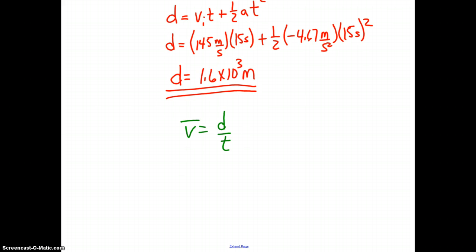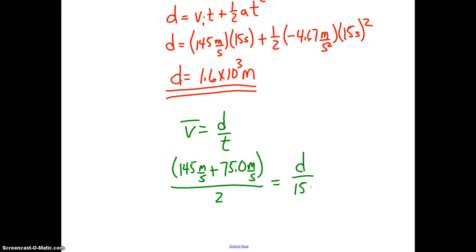What that means is that we take the average of 145 and 75, adding them together and dividing by 2. That would be the distance divided by the 15 seconds. Go ahead and solve for D doing this, and we get 1,650 meters. To 2 digits would be 1,700 meters. So we could have gotten this answer in 1 step, what it took us in 2.